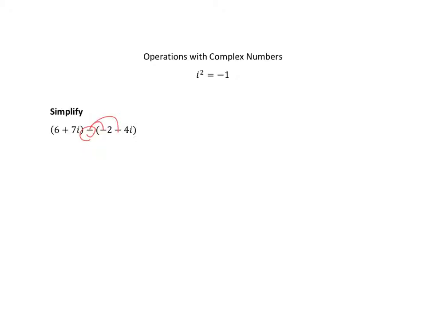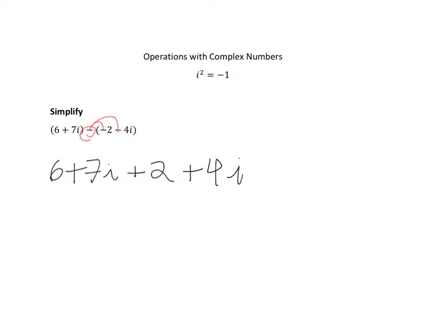In doing so, that first parentheses is not going to change at all. It's going to say 6 plus 7i. The second parentheses, well, a minus negative 2 is going to end up being a plus 2. And likewise, a minus negative 4i will end up being a plus 4i.